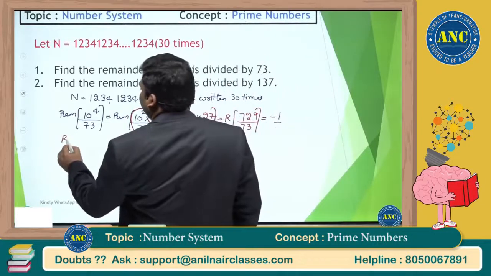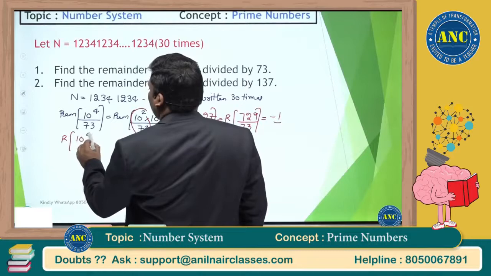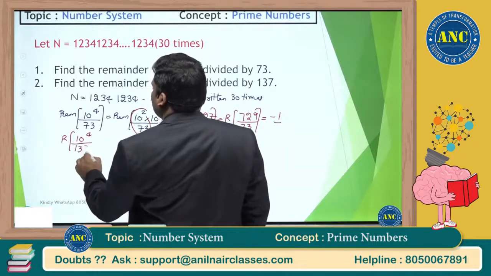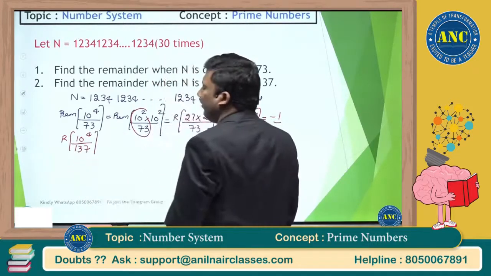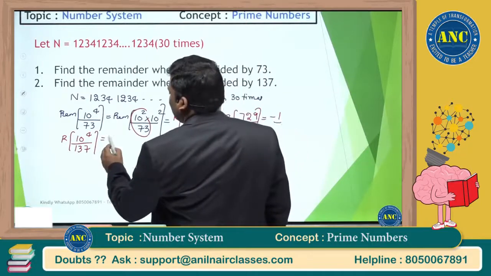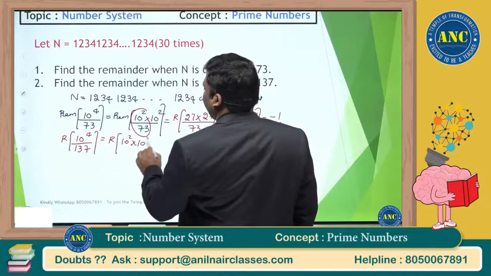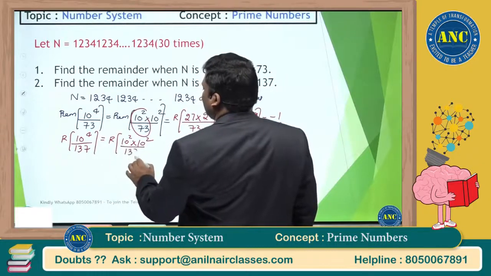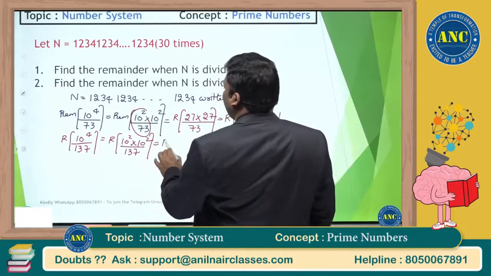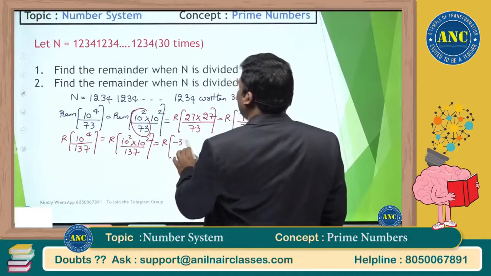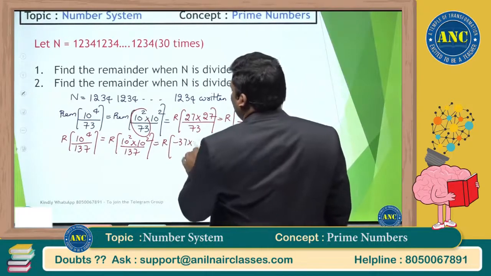Similarly, 10 power 4 divided by 137. This is 10 square into 10 square. 100 divided by 137, remainder is minus 37.